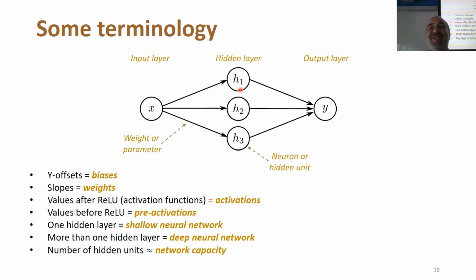No, more hidden units doesn't mean more data. It means more parameters. And when we have more parameters, that gives us more flexibility to fit more complex problems. That's why the number of hidden units indicates somehow the capacity of the network.